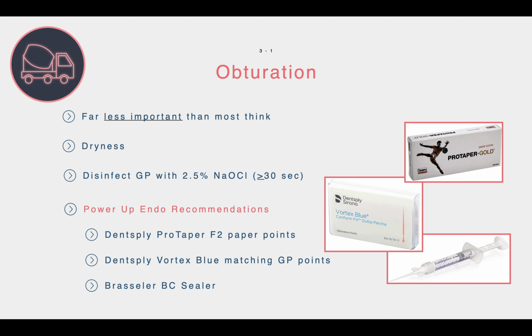So what I often do, because of the sealer that I'm recommending you use and how it's actually quite thick relative to other sealers, sometimes you have to use a gutta percha cone that's usually one size, potentially two sizes down from the rotary file that you finished with in a given canal. So in a lot of cases, I finish with a size 35 rotary file, so I will usually obturate with a size 30 gutta percha cone, because the sealer that I'm going to recommend in just a second is a little bit thick.